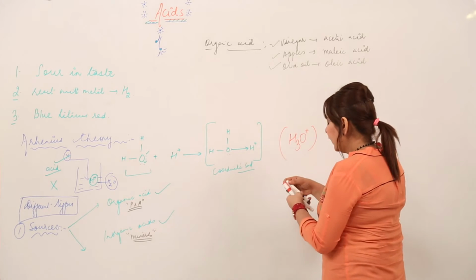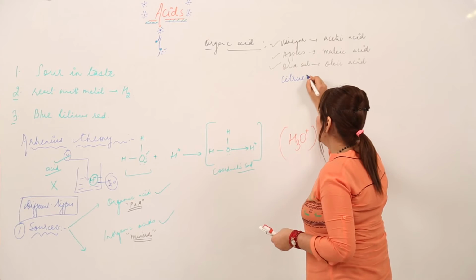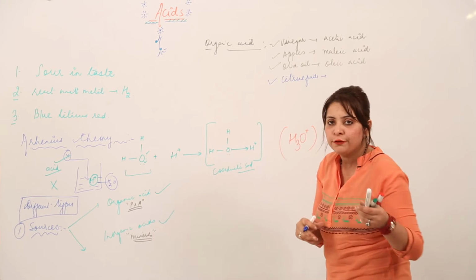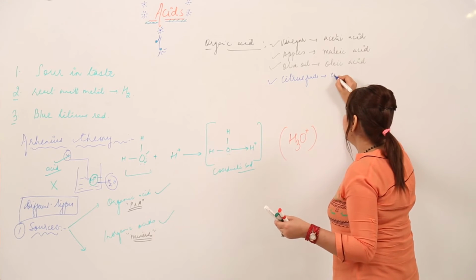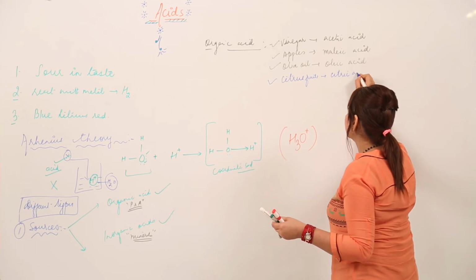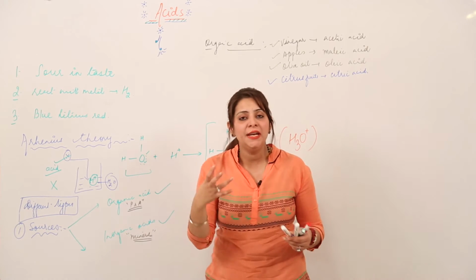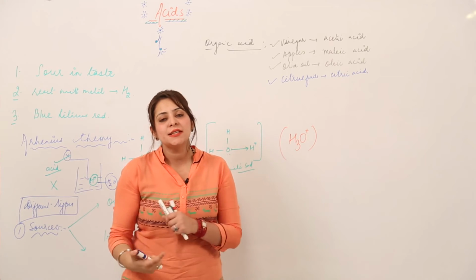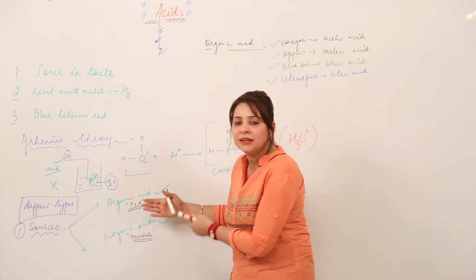And which acid do they contain? All citrus fruits, all sour or juicy fruits whose juice tastes sour, contain citric acid. So, we have many acids which we can obtain from plants and animals, and those acids are regarded as organic acids.